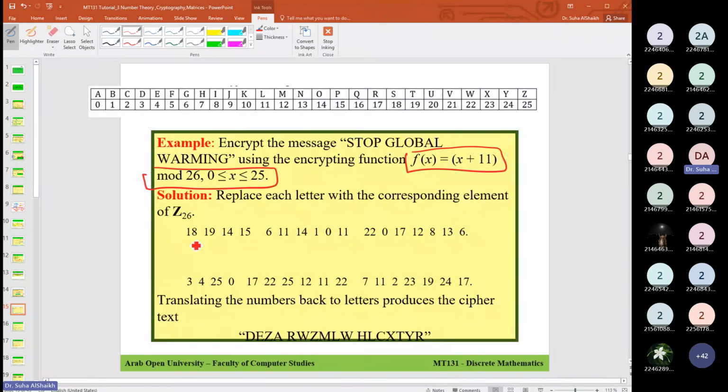Add 11 to the 18. This is what? 29. 29 means I have to subtract 26. Right? This is what? 3.